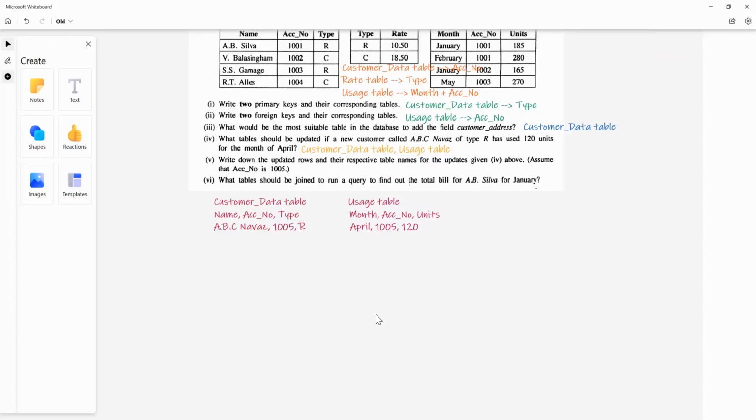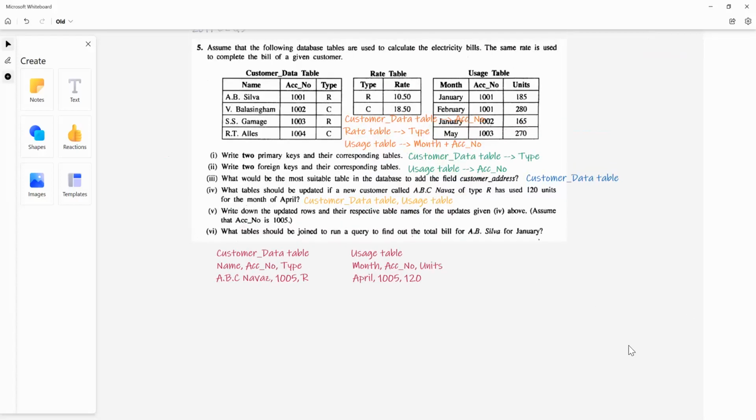Yes, for AB Silva, we have to have customer data. We need it because we want to know the account number. And using the account number, we can get the number of units. And then to get the amount, you have to connect the rate table as well.